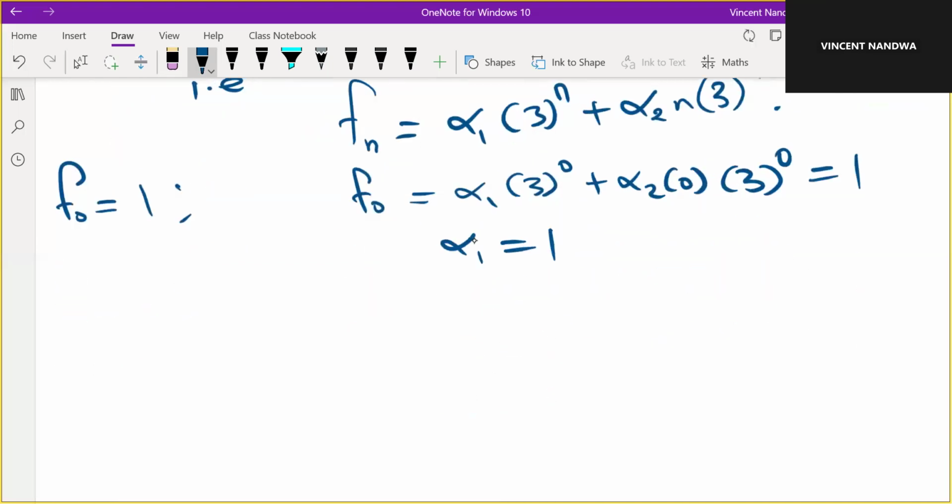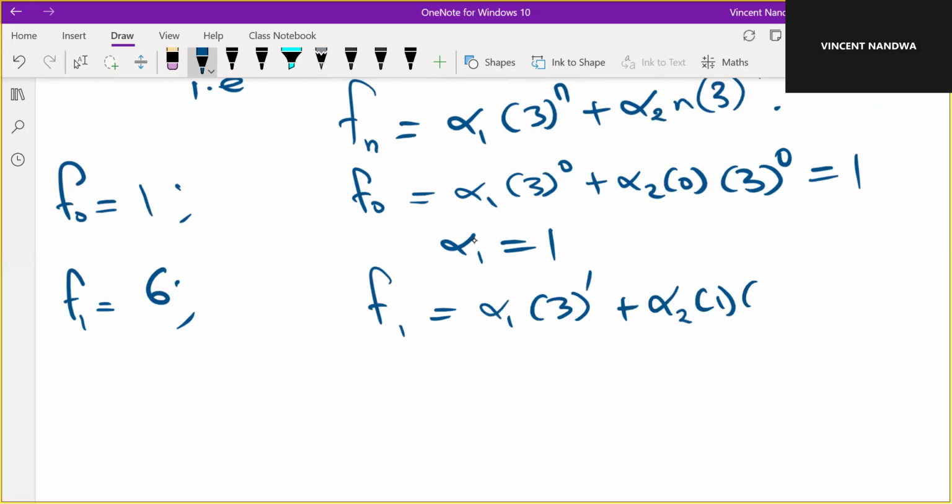And then we have been given F1 is 6. So F1 equals alpha 1 times 3 power 1, plus alpha 2 times 1 times 3 power 1. This should be 6, so this will give us 3 alpha 1 plus 3 alpha 2 equals 6.